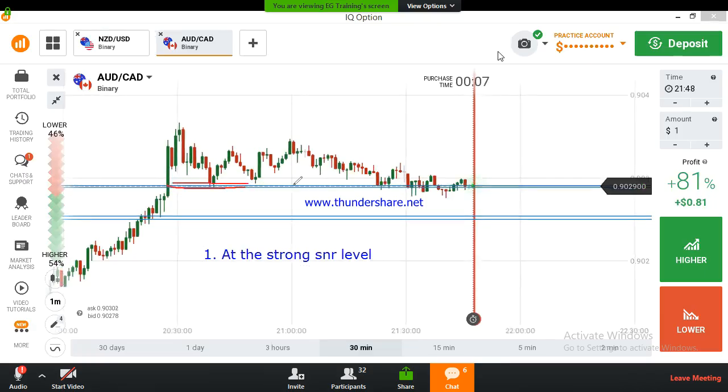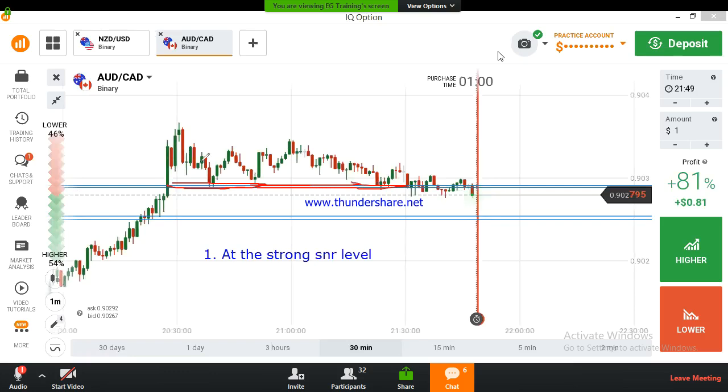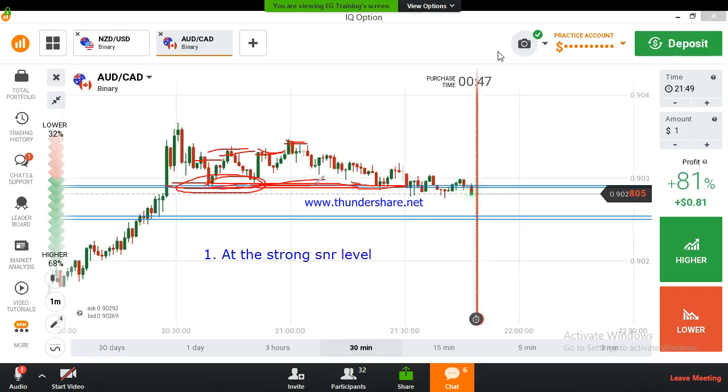If you want to apply SNR strategy, always trade at the strong SNR level. Don't trade in the middle of the trend or at the minor levels. These are the weak levels, or it may be a strong level, but we don't know how strong the level is. But we know this level is a strong level, so we can trust this level. Always trade at the strong level.